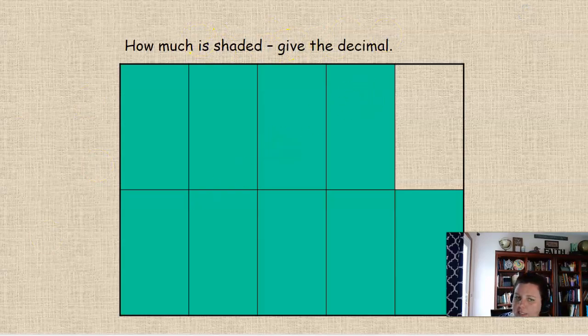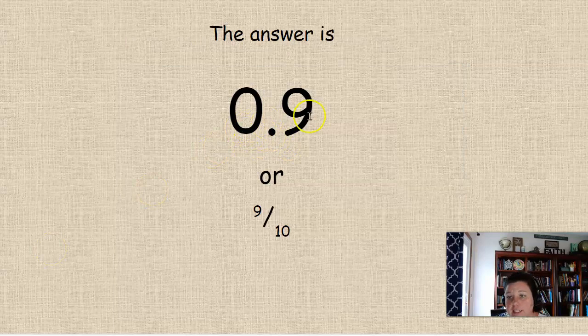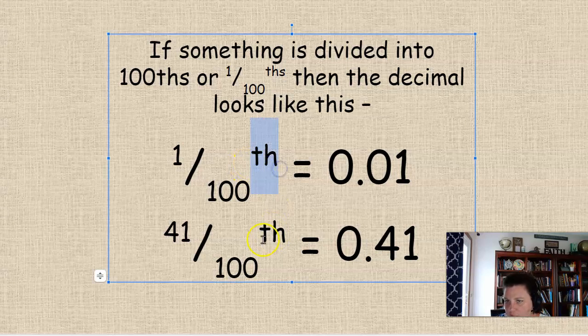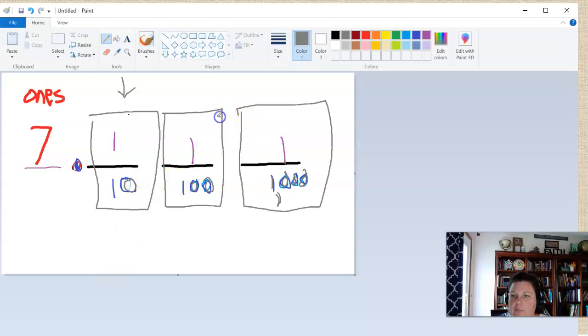How much is shaded? Give the decimal. Are you thinking 9/10 or 0.9 or 9/10 as a fraction? So you're correct. It's at the hundredths place. Notice the TH. 1/100th as a fraction is equal to 0.01, or a 1 in the hundredths place.